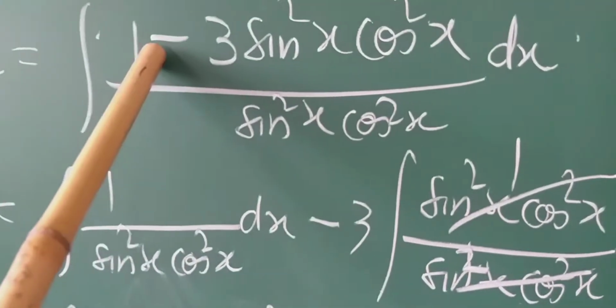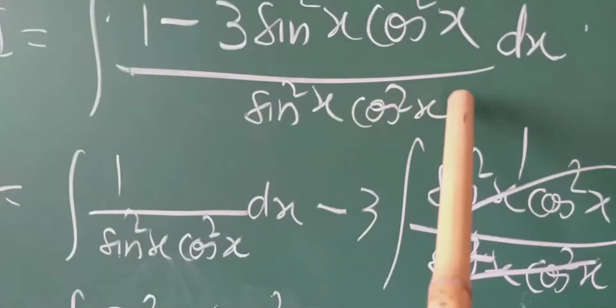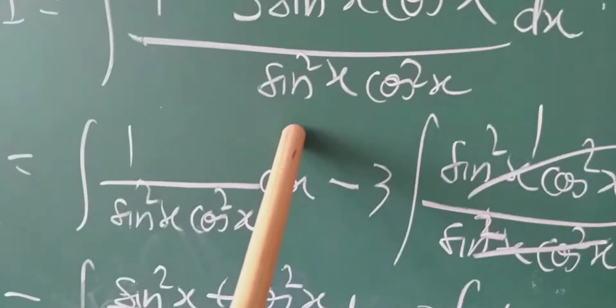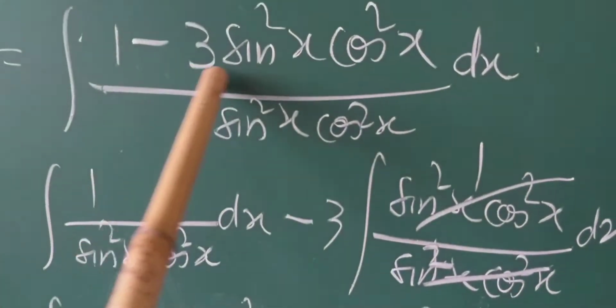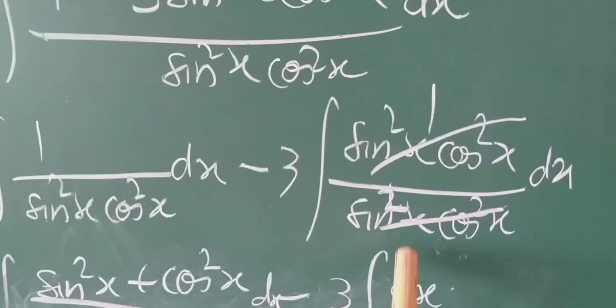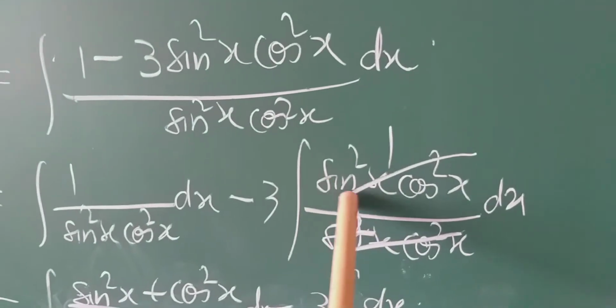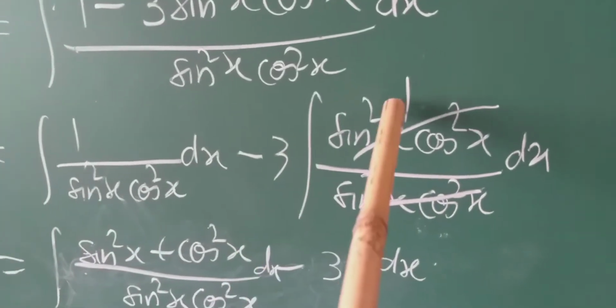So to find its integration, let us separate both of them. So we can write 1 upon sin square x cos square x dx minus 3 sin square x cos square x dx upon sin square x cos square x. So sin square x cos square x cancels. It is 3 and 1 dx.